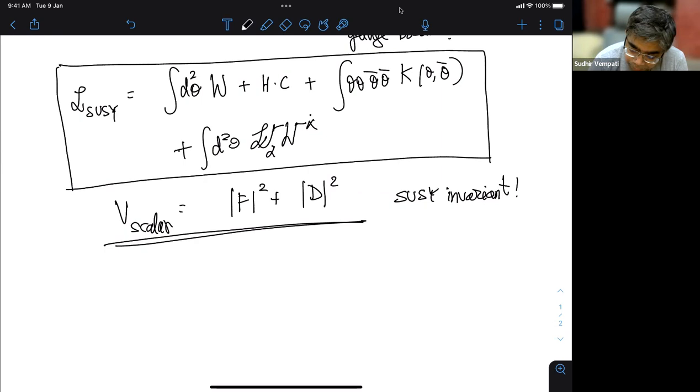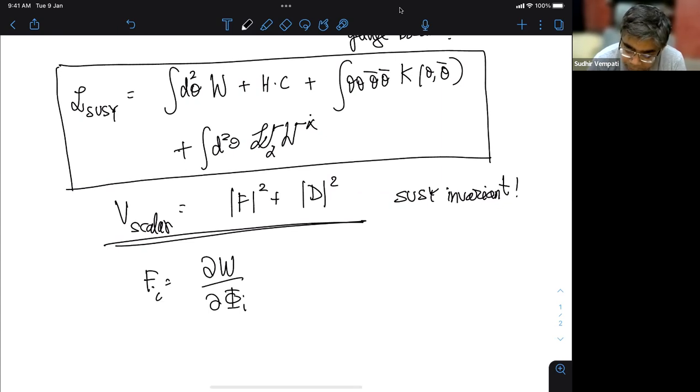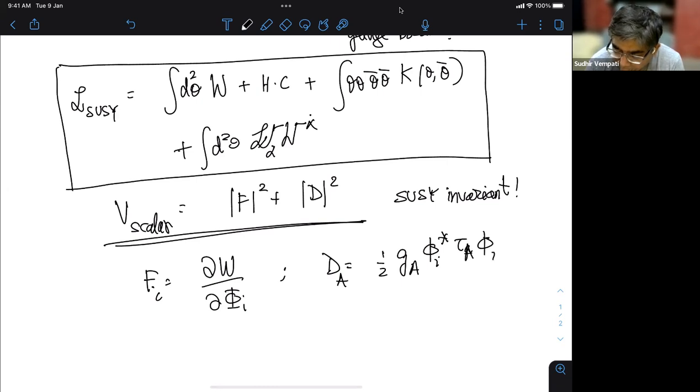And we have solved for F. F is equal to dou W by dou phi I, and D is equal to one half g_A phi I star tau A phi I. So the D squared term is g squared times one half D_A D_A, if you write it in this particular fashion.